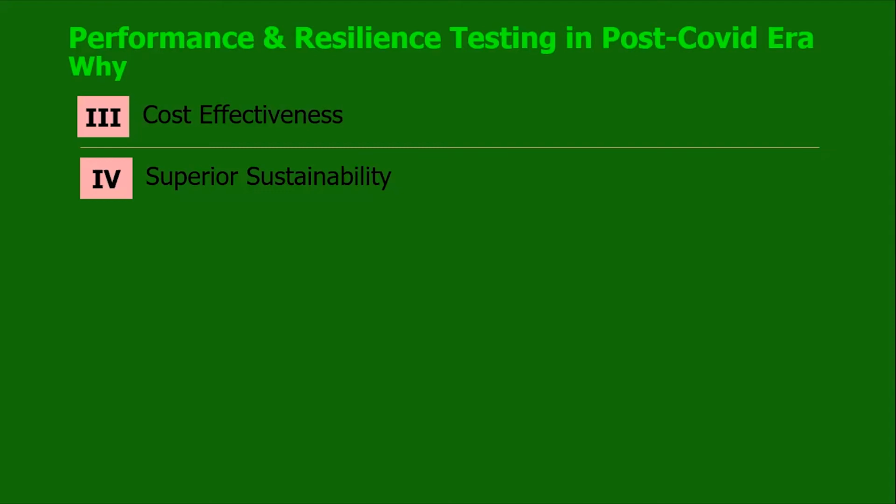Continuous performance and resiliency testing always tries to optimize server resources, as well as helps improve the overall performance of the systems, both from the client side as well as from the server side. Again, I will come in detail on this particular topic, superior sustainability, in my next slides.